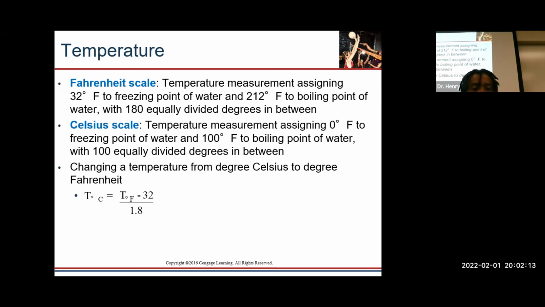Now, if I want to go from Celsius to Fahrenheit, then I need to rearrange my equation using algebra. So temperature in Fahrenheit is going to equal 1.8 times temperature in Celsius plus 32.